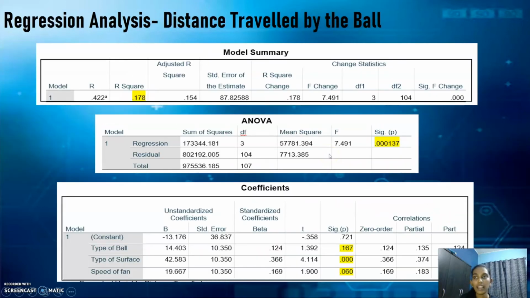Now let's move on to the third analysis that we obtained from the SPSS software, which is the regression analysis. Regression analysis is a set of methods that is used to estimate the relationship between a dependent variable and one or more independent variables. The common regression analyses are linear and multilinear.